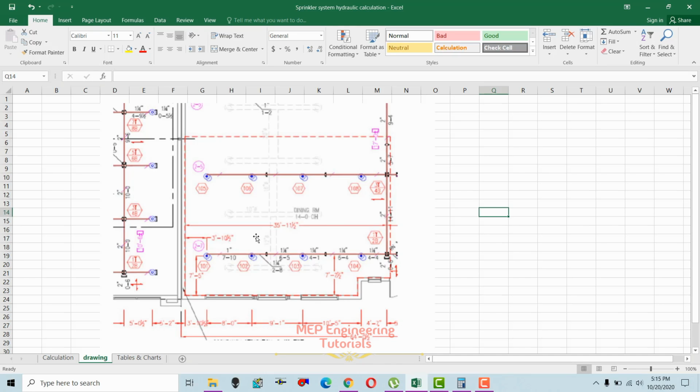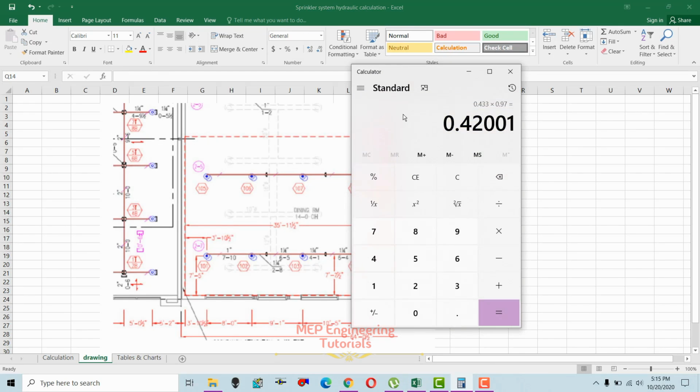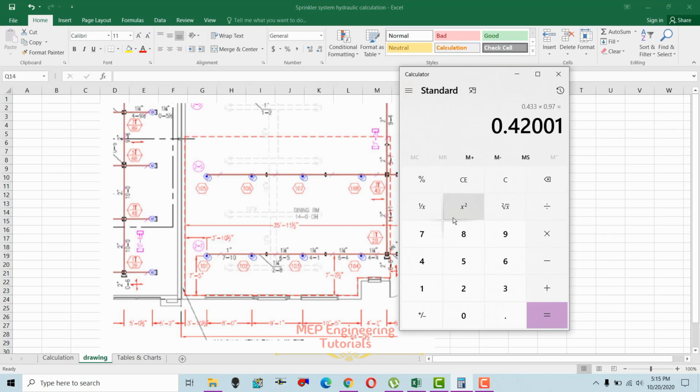As you can see, this 35 feet 11 and 1/2 inches is the width of this dining room. Let me convert this into feet. 11 1/2 means 23 divided by 2, 11.5 inches. If you convert this into feet, that is 0.95 feet plus 35. So the width is 35.95 feet.